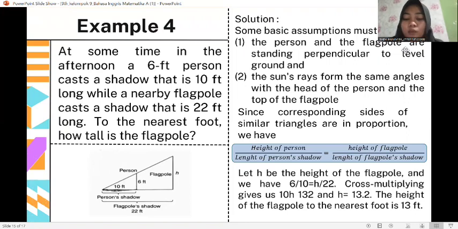On both sides we divide by 10. So H equals 13.2. Rounding 13.2 to the nearest foot, the height of the flagpole is 13 feet.